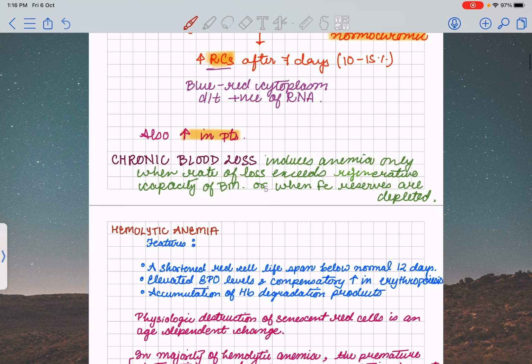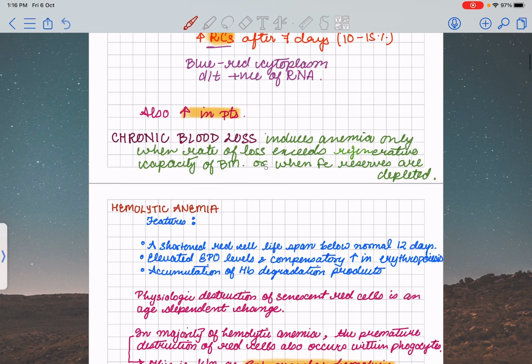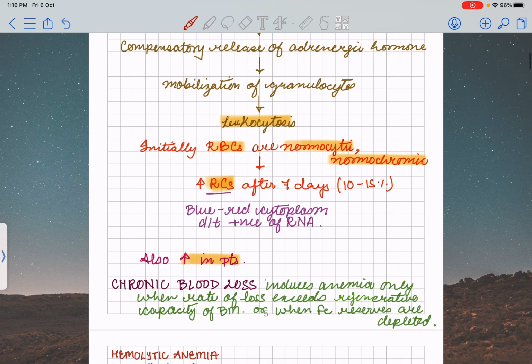In chronic blood loss, what happens? It induces anemia only when the rate of loss exceeds the regeneration capacity of the bone marrow or when iron reserves are depleted. There could be a slow pace of bleeding, right? But if your body is able to compensate, then you won't even realize you're anemic, because you're losing blood but the body is able to compensate.